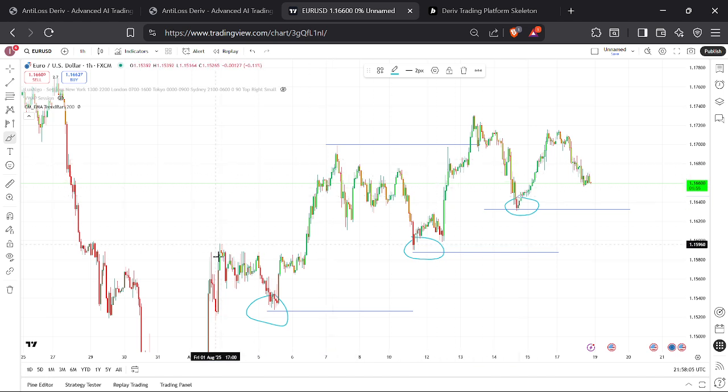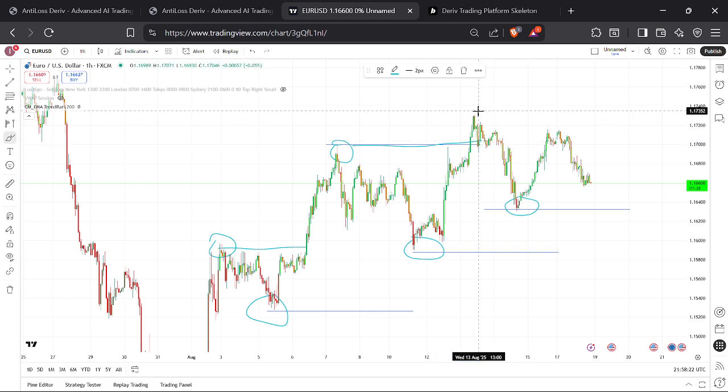But if you look at the opposite of the market, you can see that these highs here are being taken out. This high has been taken out right here, and then this high has also been taken out right here, and then we have this high right over here.